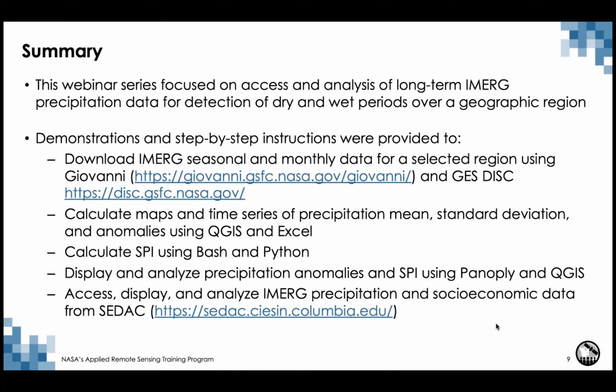Today, we had a brief introduction and demonstration of CDAC, and that is a useful site if you are looking for different socioeconomic data. Infrastructure data are there, some economic data are there also. So you can just browse that site and go through all the parameters and data sets available.